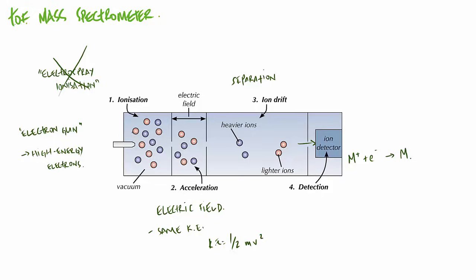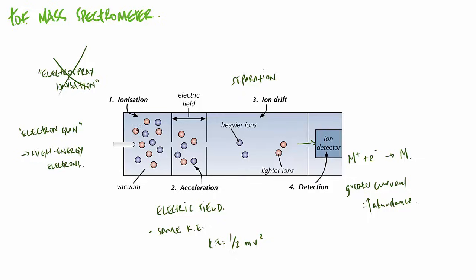Now how that applies to this whole system is, as these ions move through, they are detected. The greater the current, that would tell us the greater, I should put an arrow there, the abundance. And what I mean by abundance is how much of this particular bit of the sample there is.